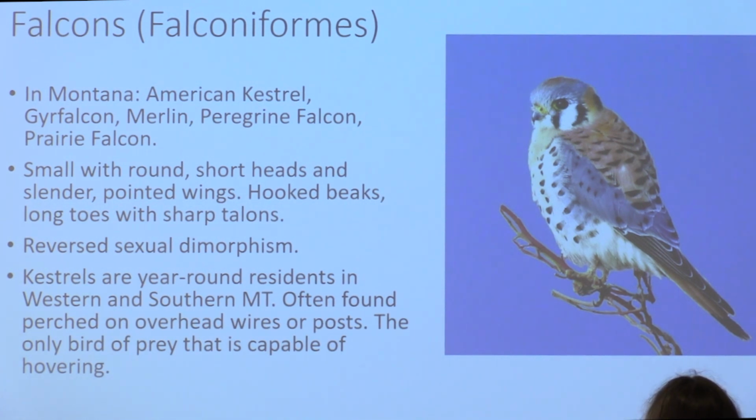And kestrels especially are pretty cool because they are not only year-round residents here, often found perching on wires. If you drive down a highway, it's 50-50. It's going to be 50% a dove, and 50% a kestrel. But they're really cool because they use wind hovering. So they're the only bird of prey that can hover.